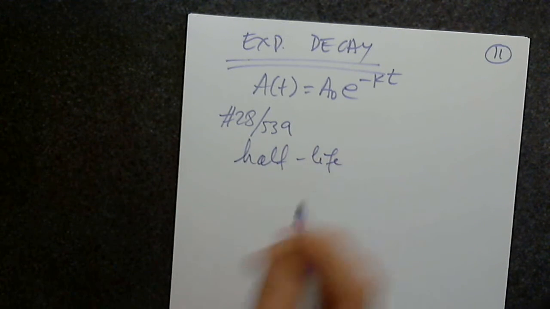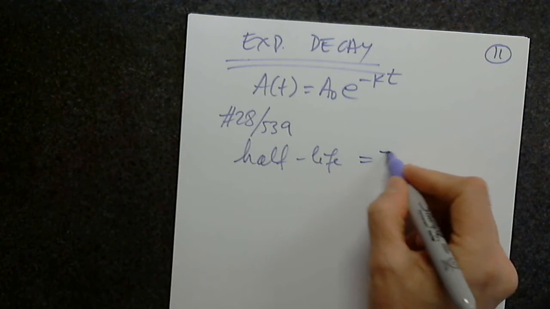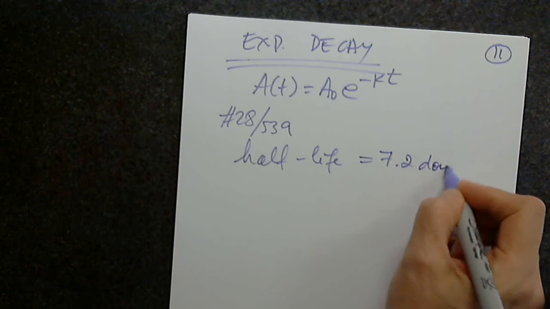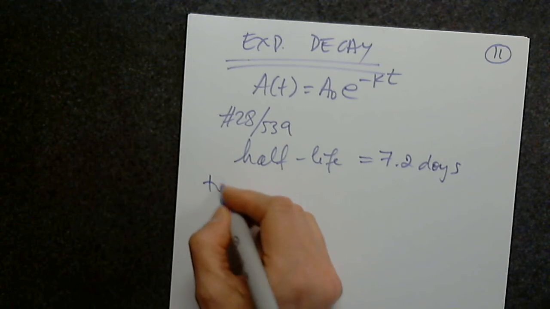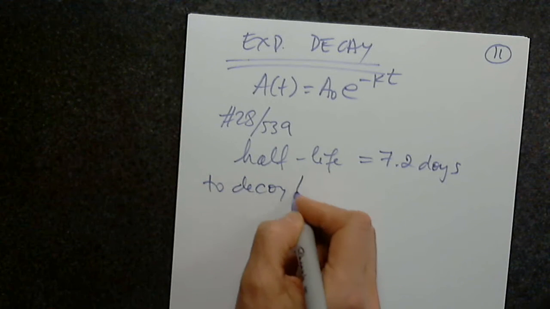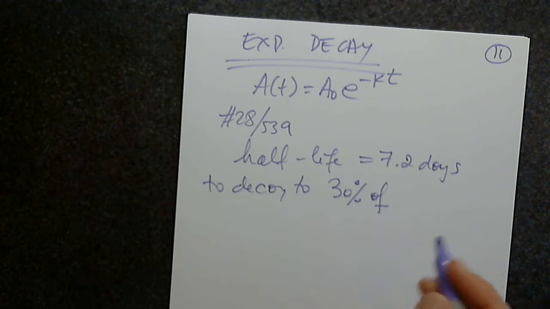Half-life of iodine 131, that's not important, it's a radioactive substance, is 7.2 days. How long will it take for a sample of this substance to decay to 30% of its original amount?